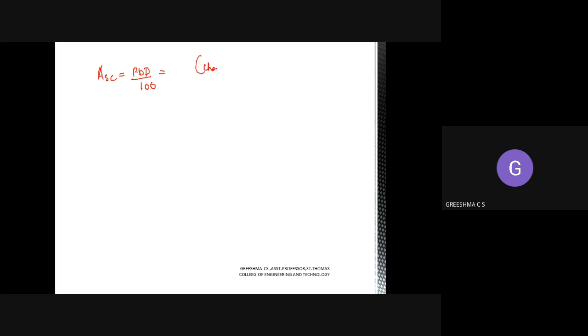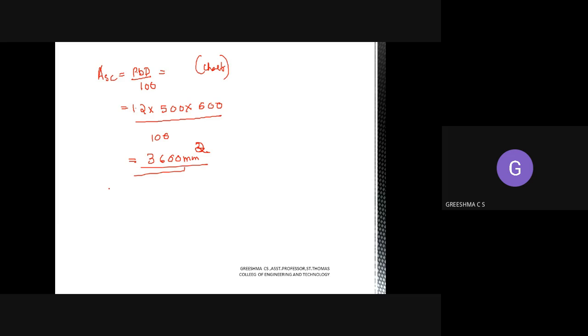So p is 1.2 percent, and b times d is 500 into 600, divided by 100. So the Ac value you will get is around 3600 mm square. So the area of steel is 3600 mm square.